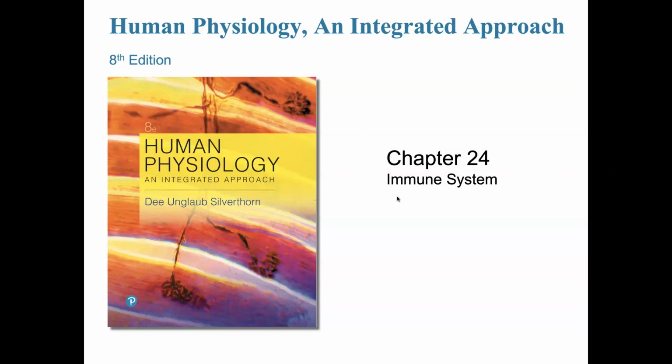Let's talk about some general functions of the immune system. The immune system is designed to protect us against pathogens. And in order to protect against pathogens, we actually use non-specific and specific defense mechanisms. The non-specific defense mechanisms are typically referred to as innate defenses.